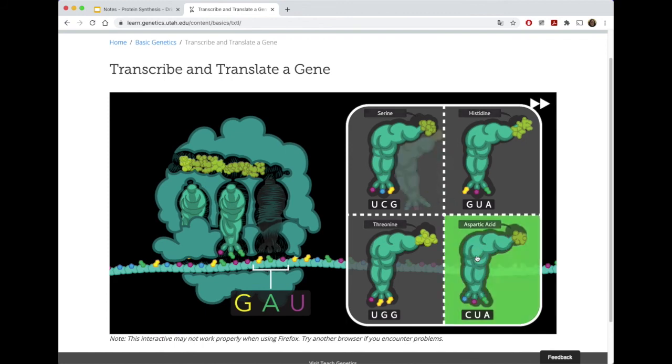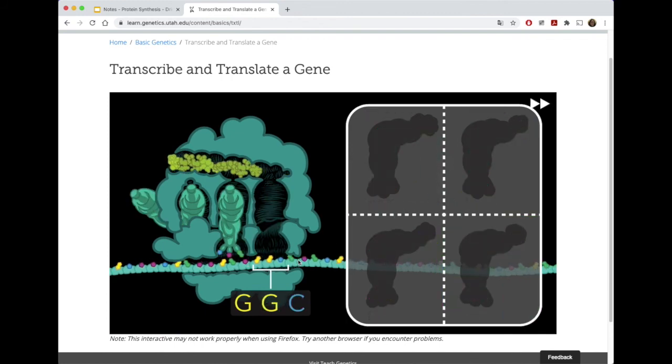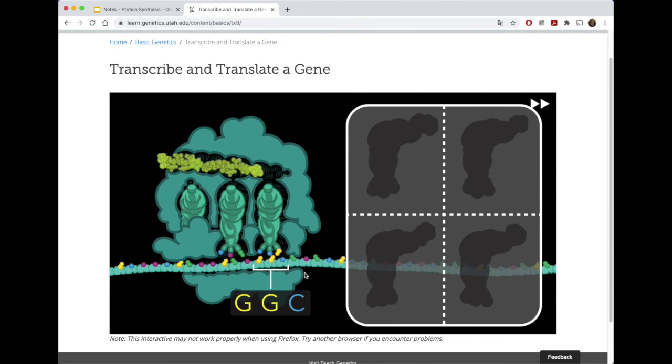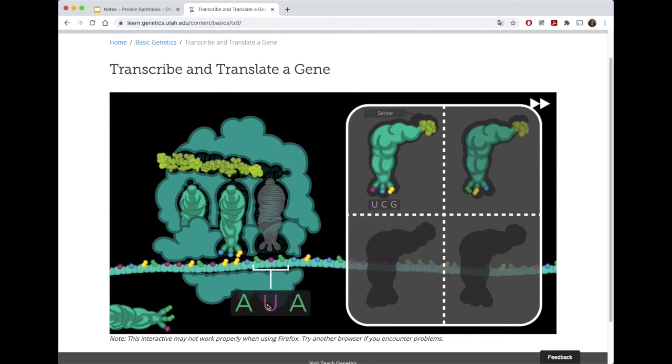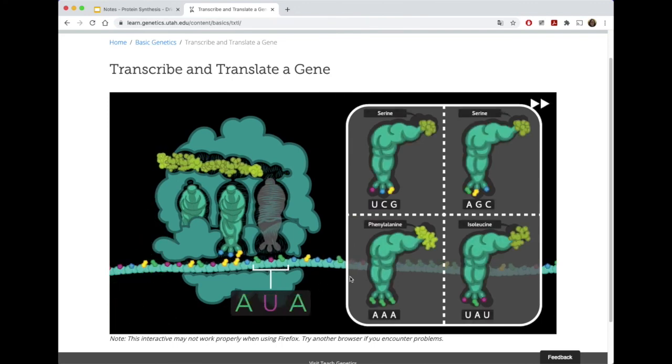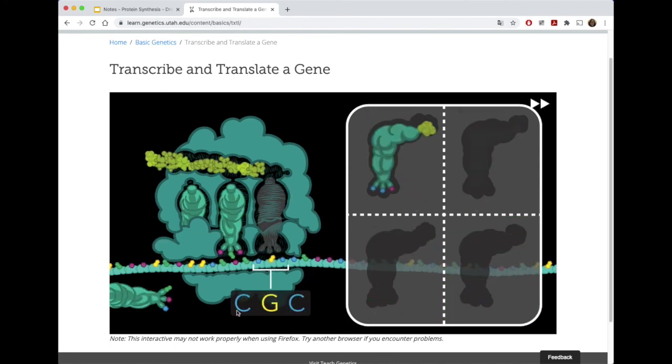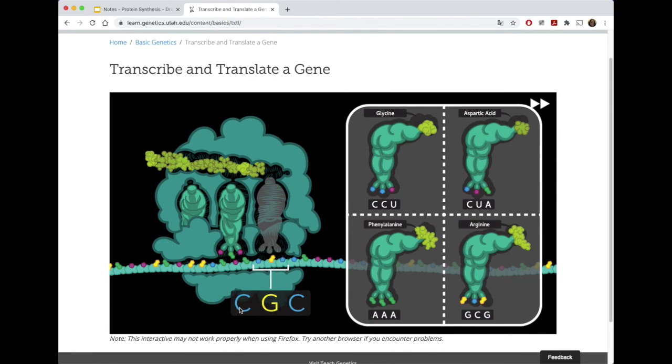Aspartic acid. GGC, CCG. Glycine. AUA, UAU. Isoleucine. CGC is the same as GCG. Arginine.